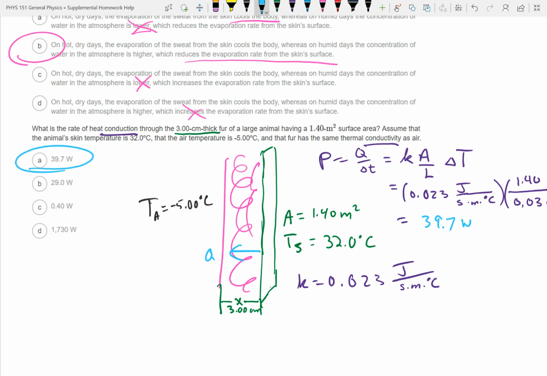Okay, that wasn't so bad. So this one here is conduction. It wasn't my toughest question, I thought.